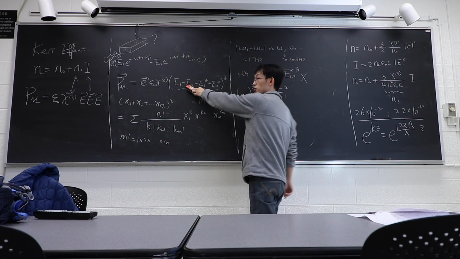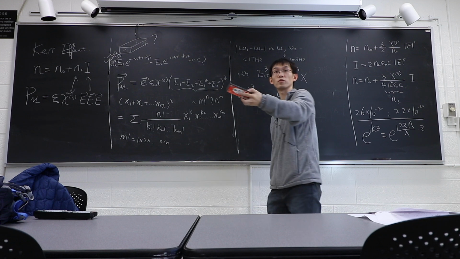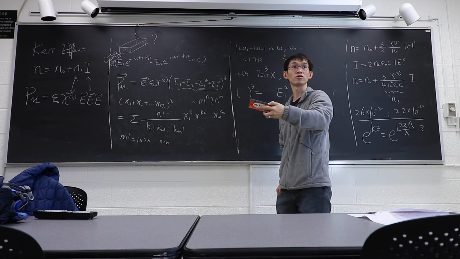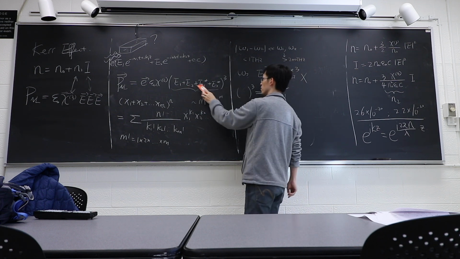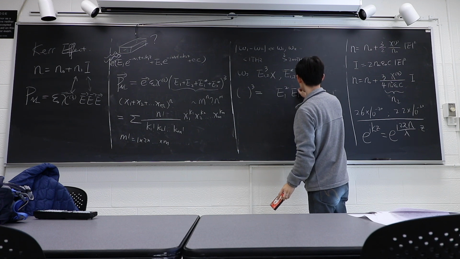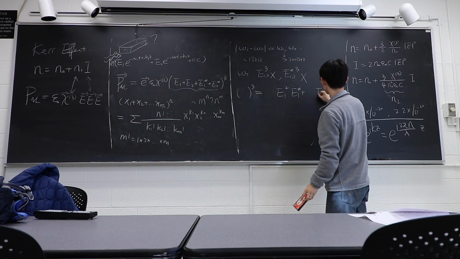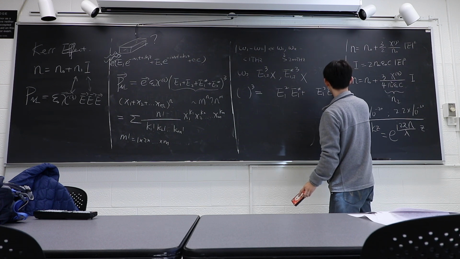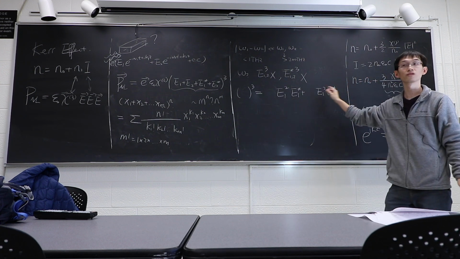Now you can't pick up E2 because the frequency will be high: it will be omega 1 plus omega 1 plus omega 2, a different frequency. So you can pick up E1 star or E2 star. So that's the first two terms.